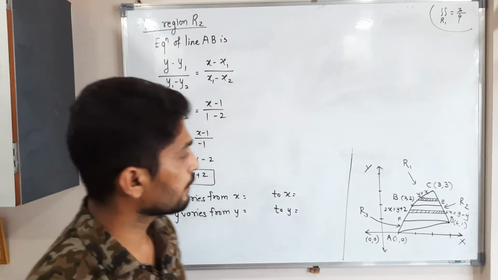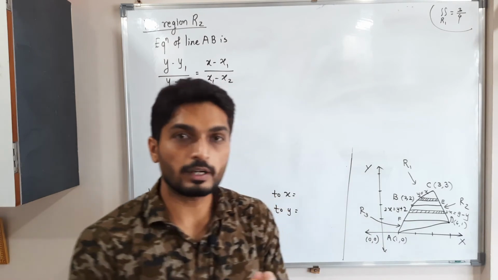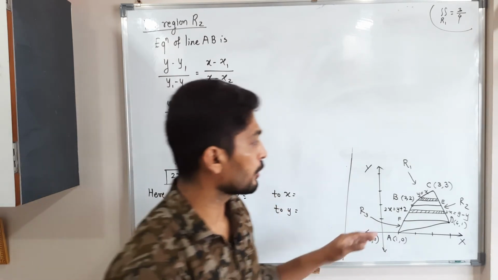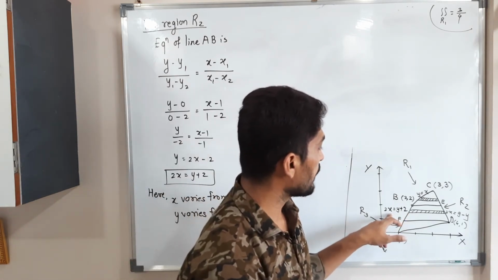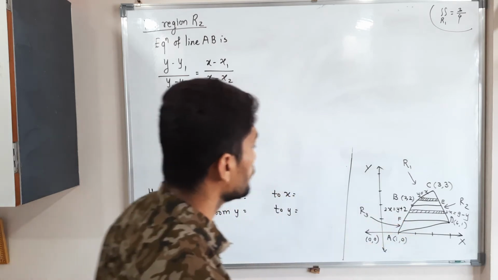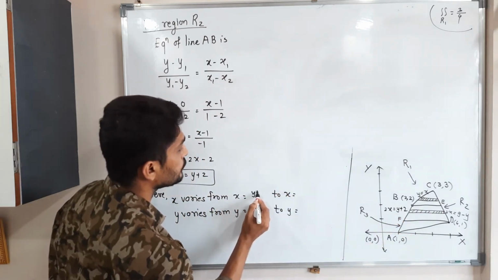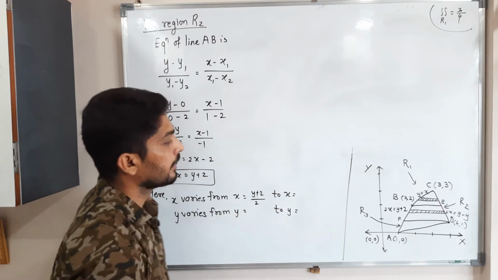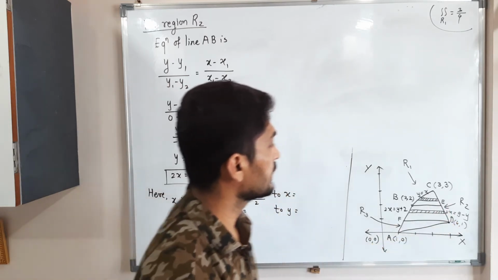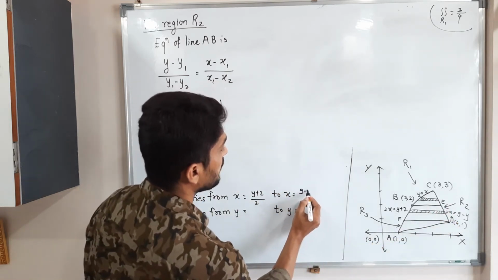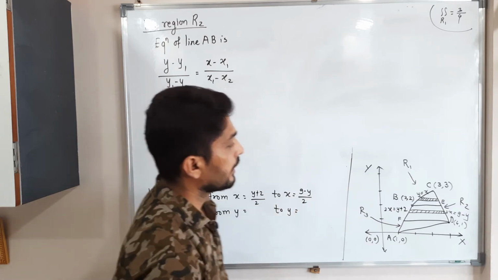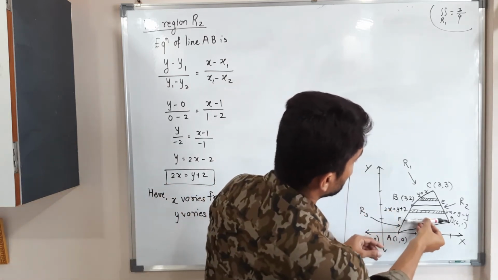See, x varies from where to where? What is our funda? Bounded below, bounded above, and bottom to top. So it is bounded below by this line, x is equal to (y plus 2) by 2, and bounded above by this line, where x is equal to (9 minus y) by 2. And it will move like this, from this line to this line.